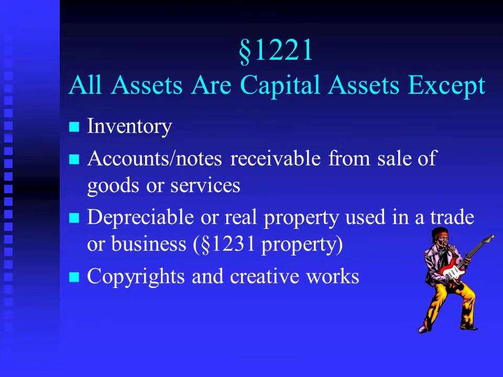So we're going to see on the next slide that a broker owning stock has inventory, but a broker who's investing for retirement has a capital asset. So if you're holding something for long-term potential growth, that's not inventory, and so that will be a capital asset.